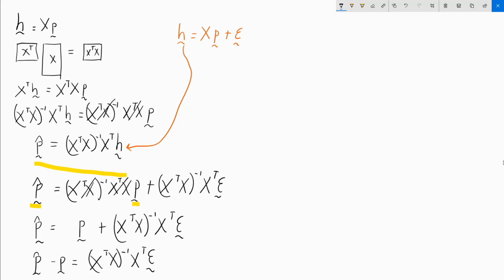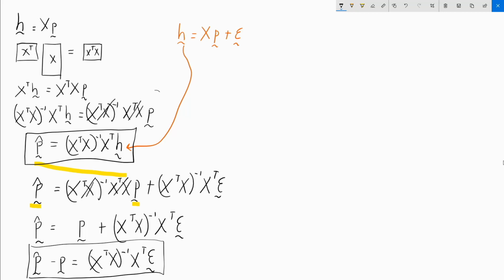So, not only have we solved the inverse problem, there's the equation that we use to obtain our estimated set of parameters, but I also have an equation for the error in those parameters.